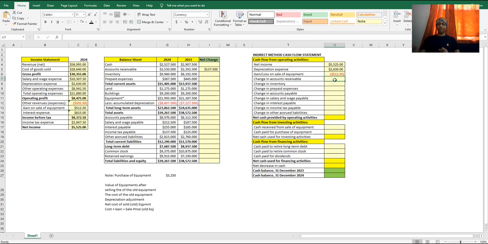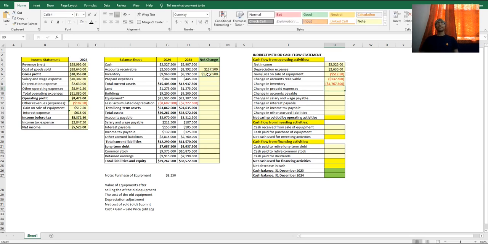So the entry will be negative. Same goes for inventory. Again, there is an increase, so this again represents a net cash outflow. This will be entered as a negative number.